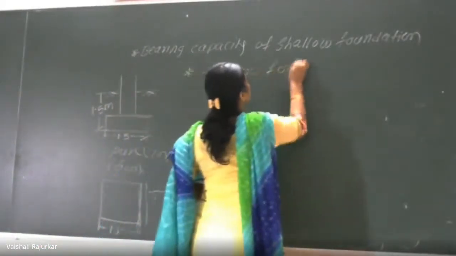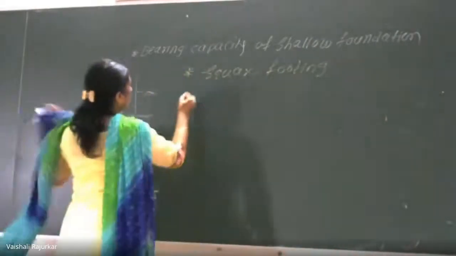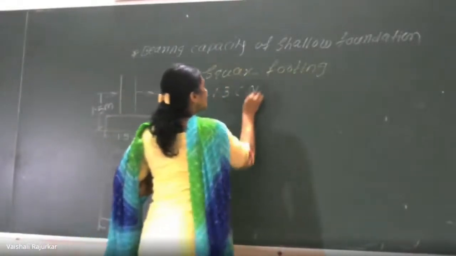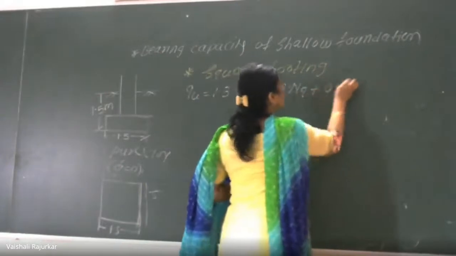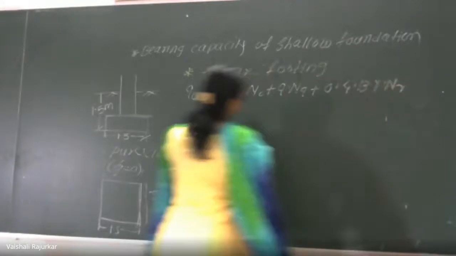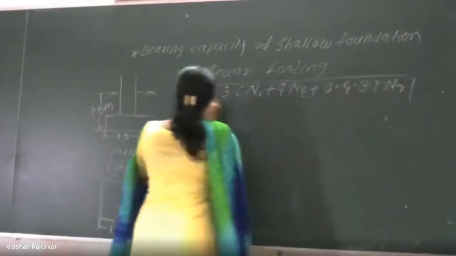If the footing is a square footing, what is the equation? The equation is qu equals 1.3 c Nc plus q Nq plus 0.4 B gamma N gamma. So this is the equation for square footing.